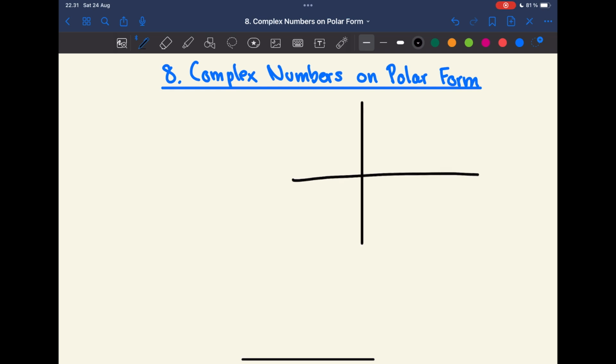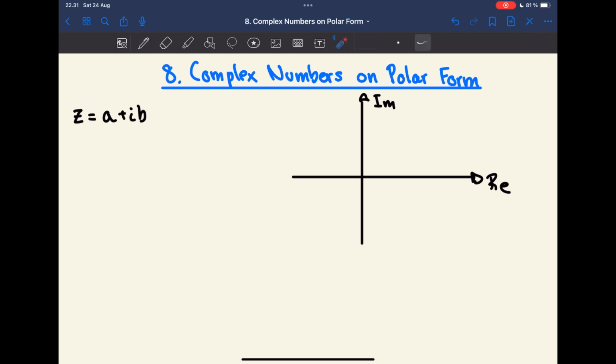So if we have the complex plane here, we have the real axis here. And then, of course, we have the imaginary axis here. So let's just start by looking at a complex number c that is equal to a plus ib, just as we always look at a complex number. Okay, so everything we really need to describe this complex number c is just the real part and the imaginary part.